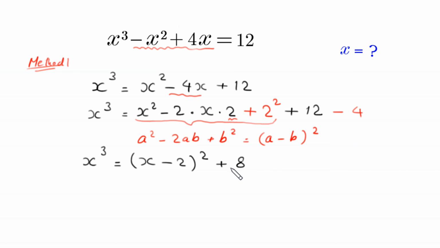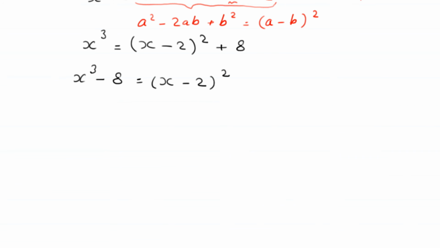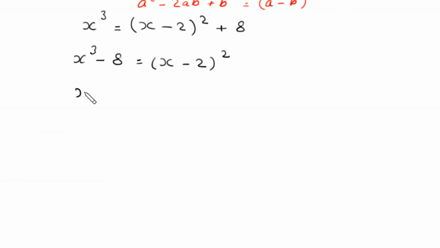Now we move this plus 8 to the left hand side, then x cubed minus 8 will be equal to x minus 2 whole squared. x cubed minus this 8 can be written as 2 cubed, is equal to this x minus 2 whole squared, which can be written as x minus 2 times x minus 2.